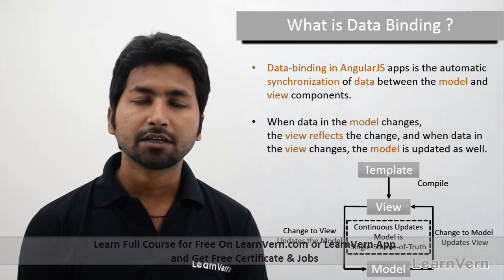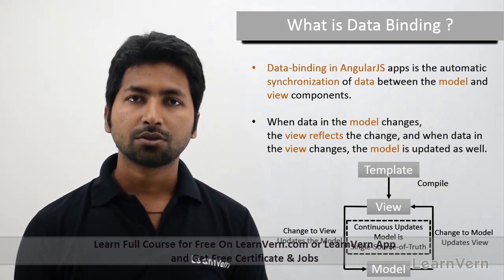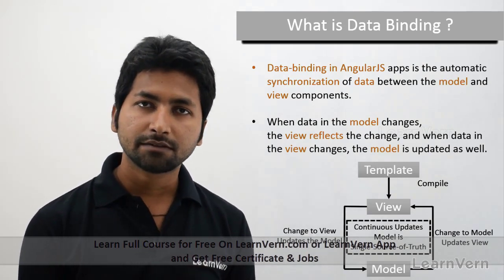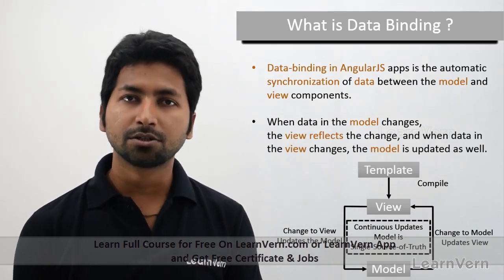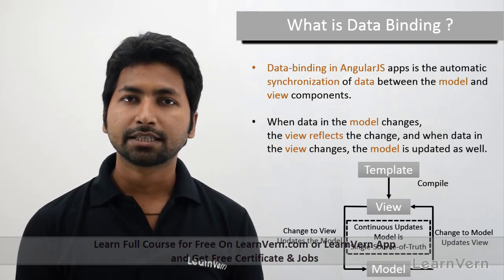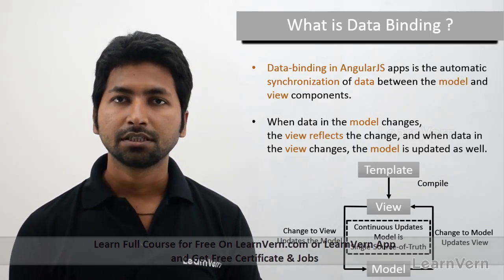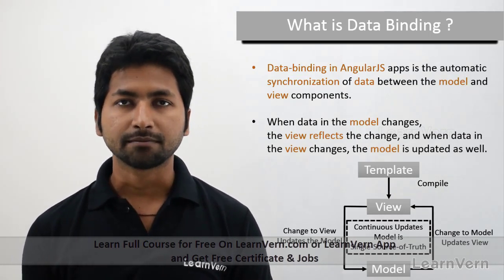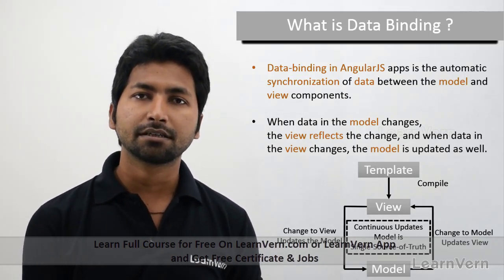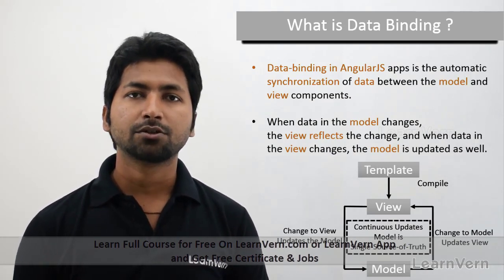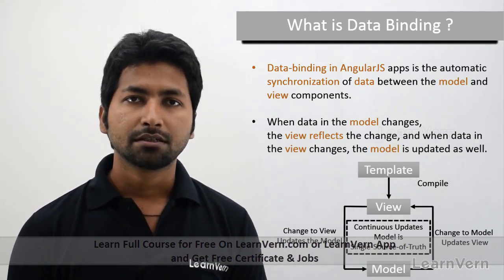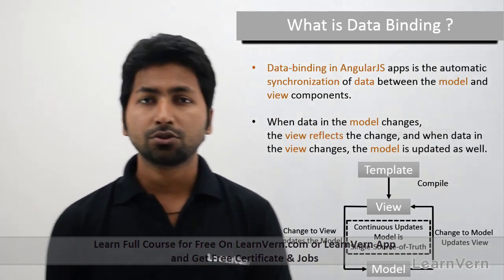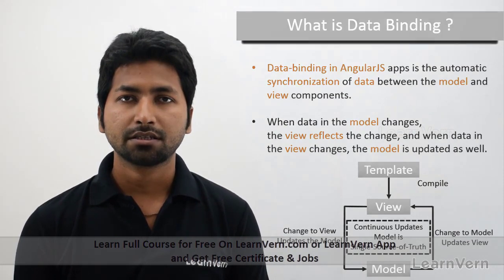Initially that value was xyz. So right now I have updated that to xyz mnp. So it will be updated in your model as well. So whenever you access that xyz variable in your model, it will give you the updated value, that is xyz mnp. More about this we will see in an upcoming example, which I am going to elaborate after this session. So this is all about two-way data binding in AngularJS.